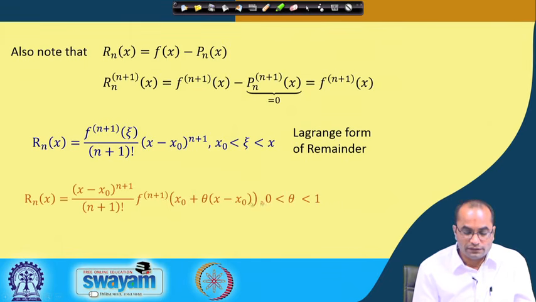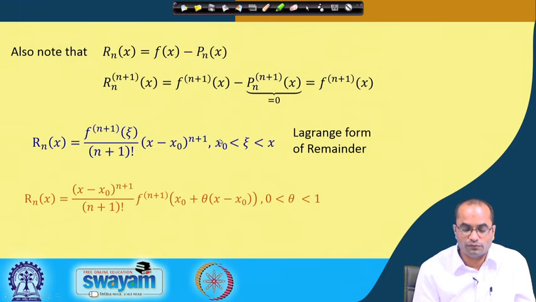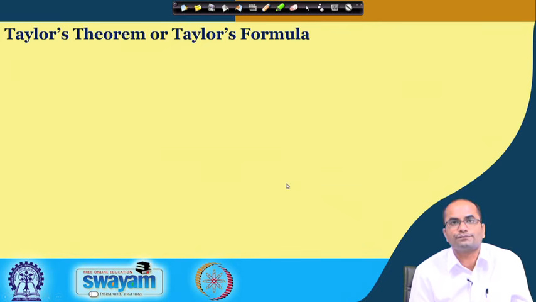If theta is close to 0, then this argument moves to x_0. When theta goes to 1, this argument goes simply to x. So the argument of this f lies between x_0 and x, and it has a similar meaning to what the other form has. So we can rewrite this Lagrange form of the remainder in this form as well.